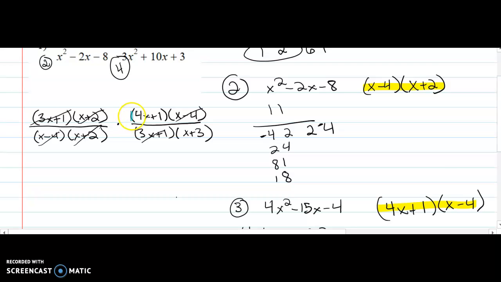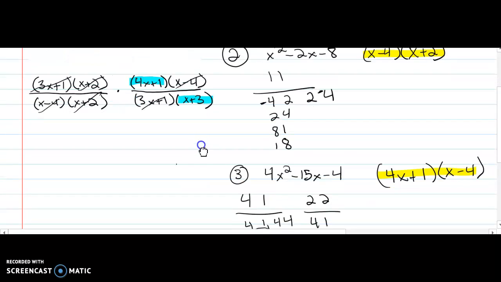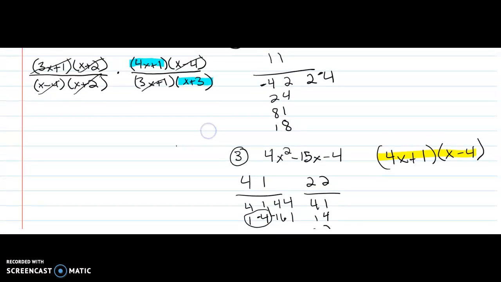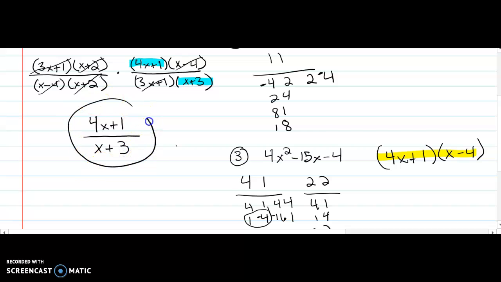Left. That's our answer. So then we have 4x. Answer for that one.